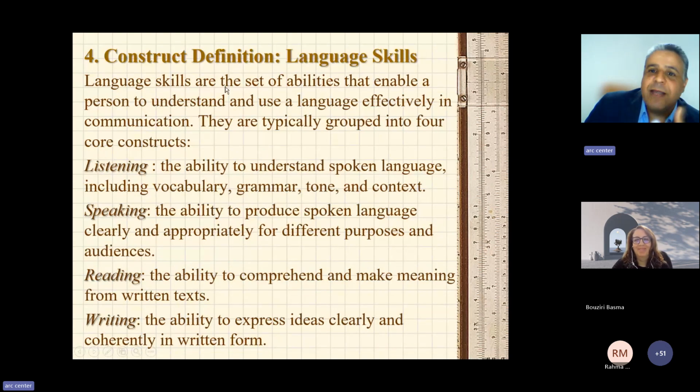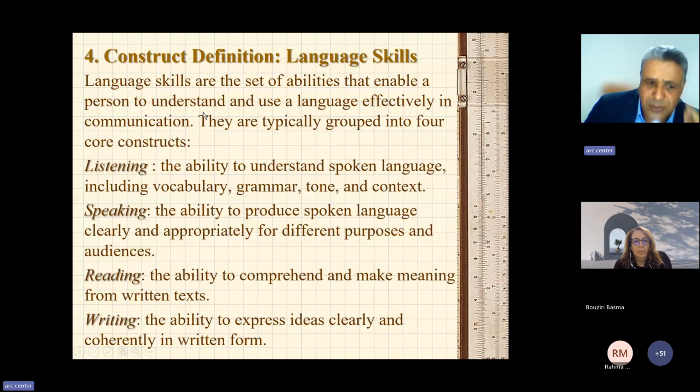Language skills are the abilities that enable a person to understand and use language effectively, basically in communication. The construct says that language skills are a set of abilities that enable people to understand and use language in communication.